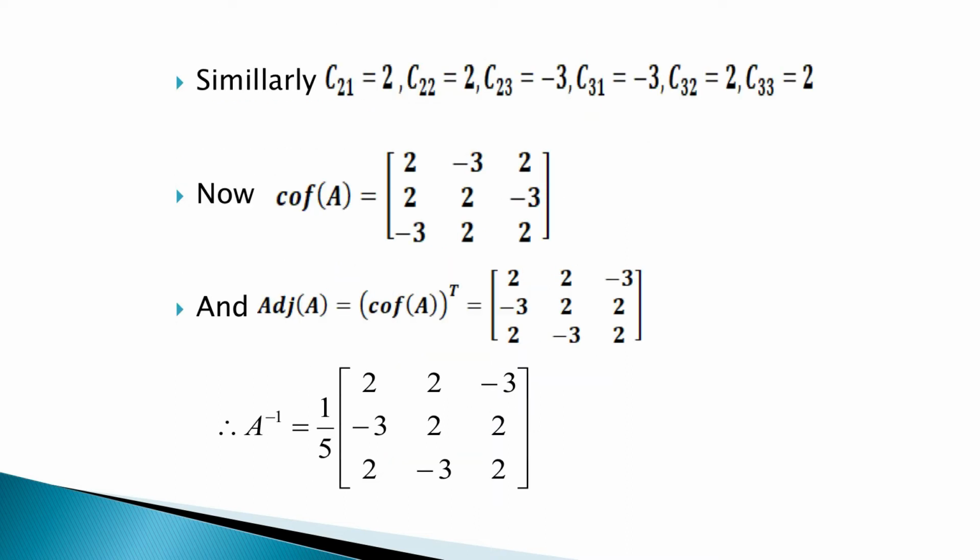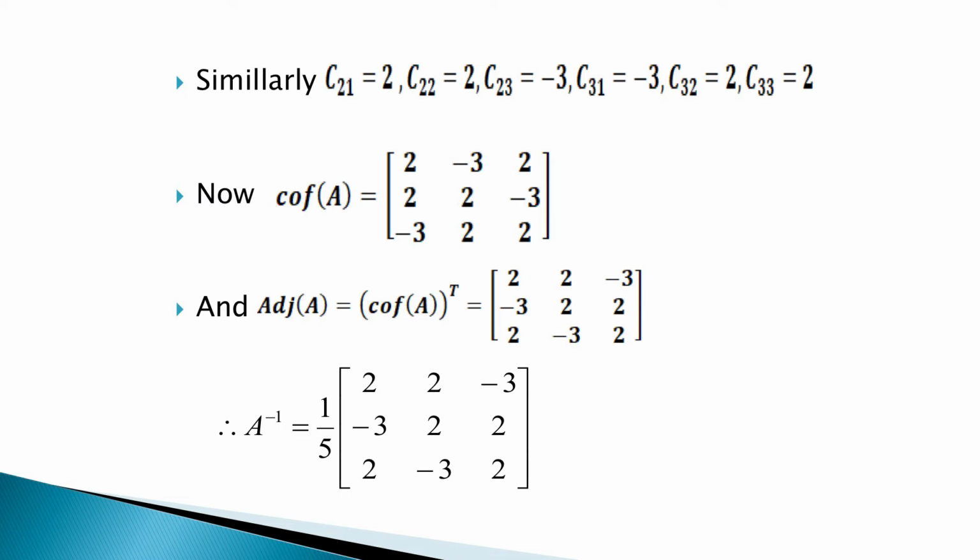Similarly, in the second row, the cofactors are minus 3, 2, 2, and in the third row, 2, 2, minus 3.